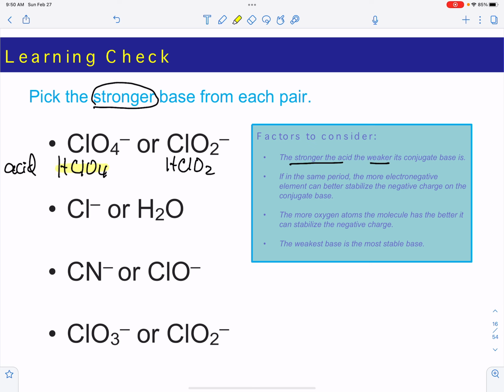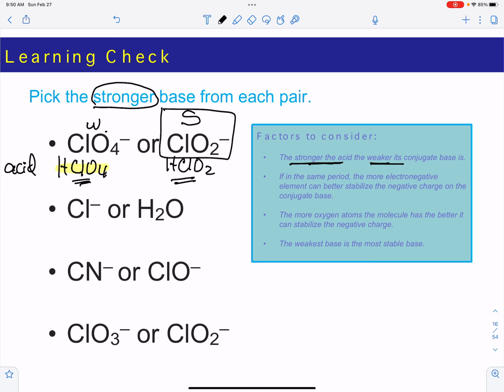This is perchloric acid. So this has to be the weaker base, because the stronger the acid, the weaker its base. This is one of the strong acids, so this has to be a very weak base. That means this is the stronger base, because this is a weak acid. So we found our stronger base already.